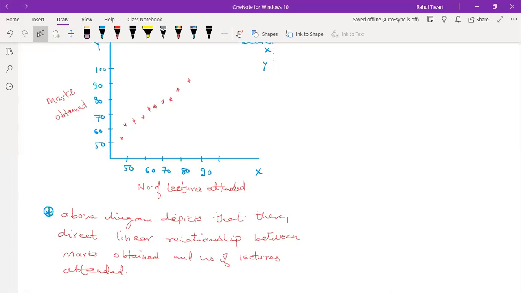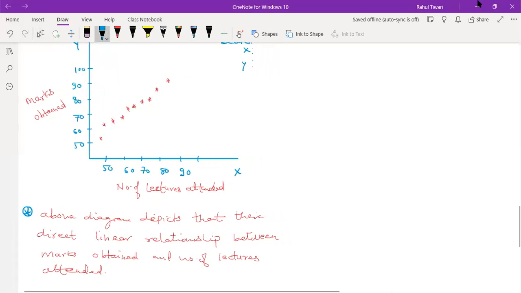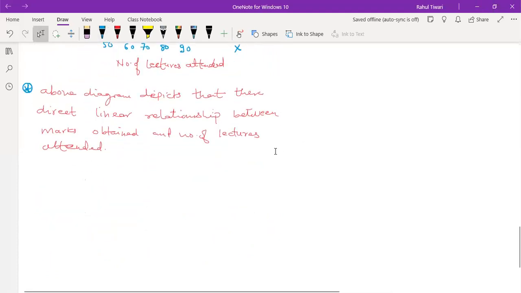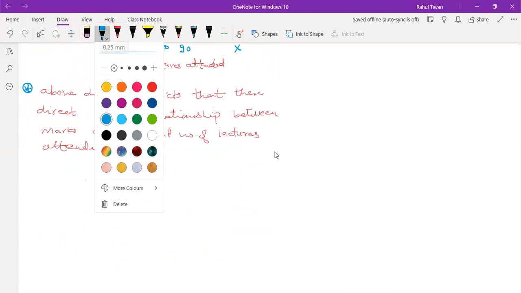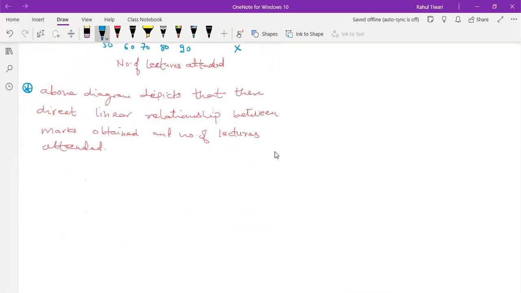So hence we will introduce a new concept which is called Pearson product moment correlation.